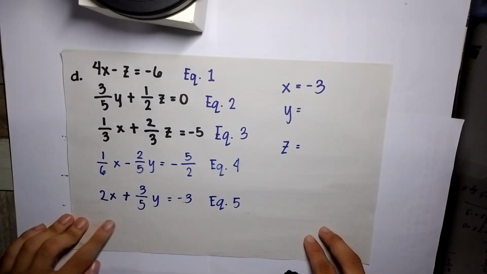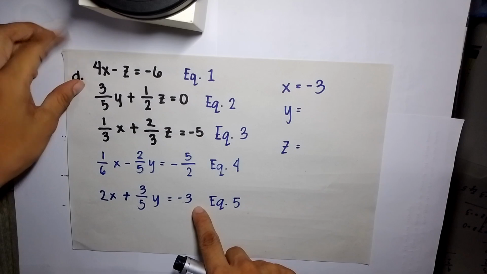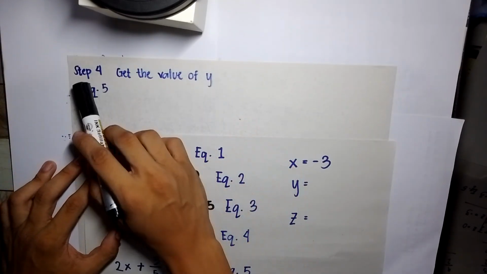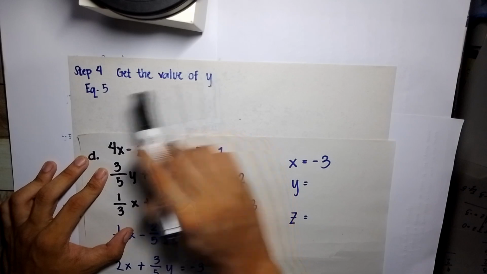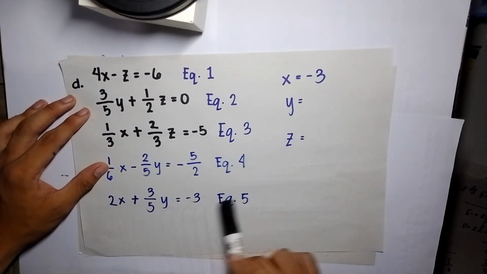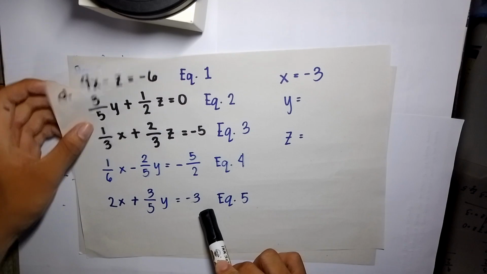Now we have the value of x, which is negative 3, we're going to find the value of y and z. To get the value of y, we are going to use equation 5 since we have the value of x, which is negative 3.